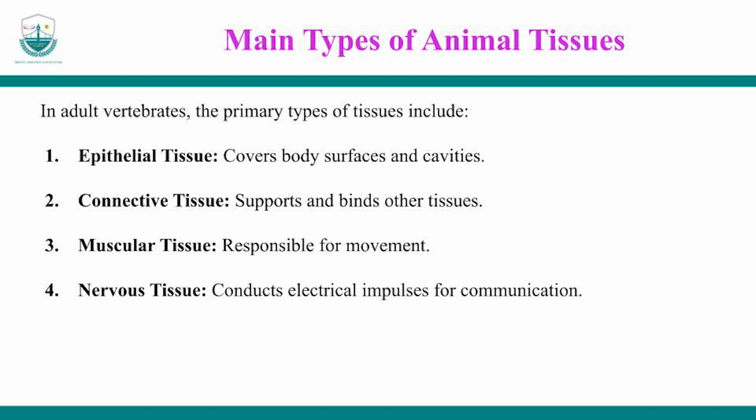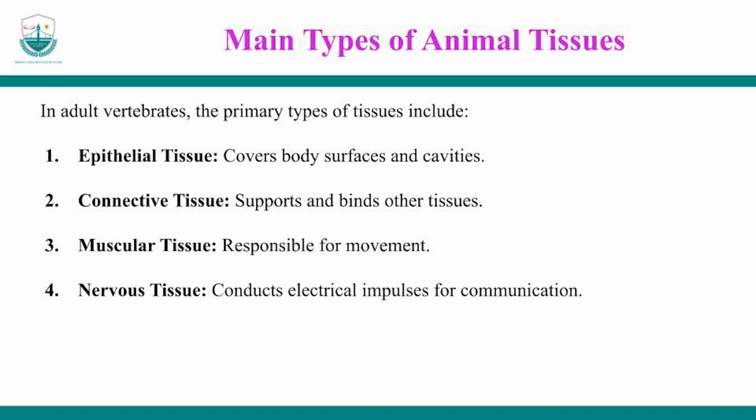So in our discussion of animal tissues, we usually talk about four primary tissues. The epithelial tissue, which covers body surfaces and cavities, and then the connective tissue that binds and supports other tissues, muscular tissue, which is responsible for movement, and nervous tissue, which is responsible for conducting electrical impulses.